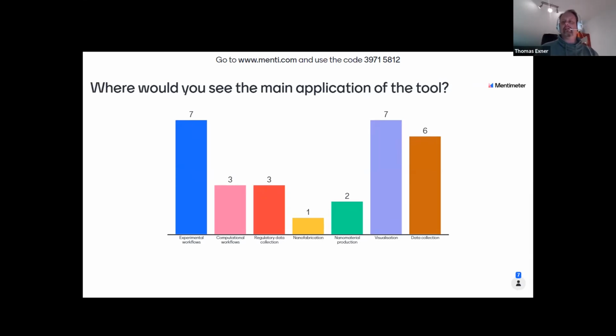And then the other two questions are clearly different. This is where you see more definite use for it. Is it really this presentation to others, like Ben did really nicely today, to explain what you actually did, and then the data connection. And what I see is that experimental workflows is clearly the favorite. Probably because we talked the most about it.